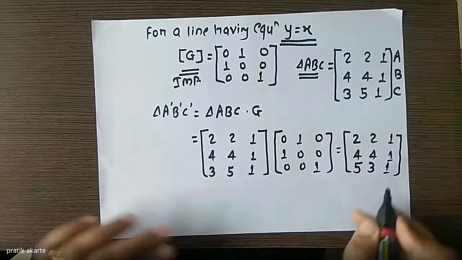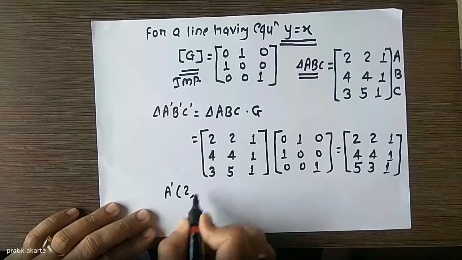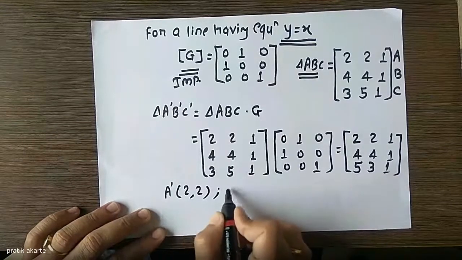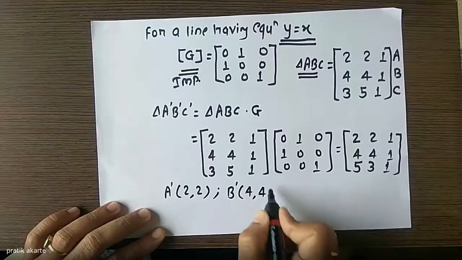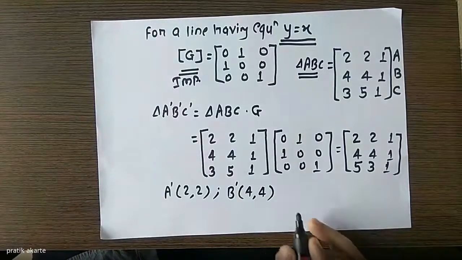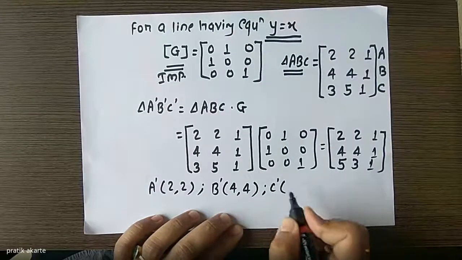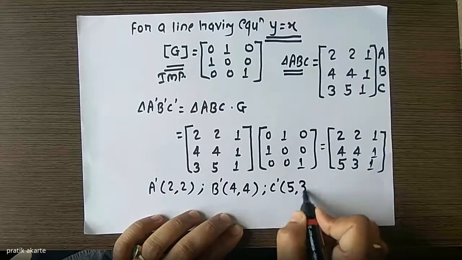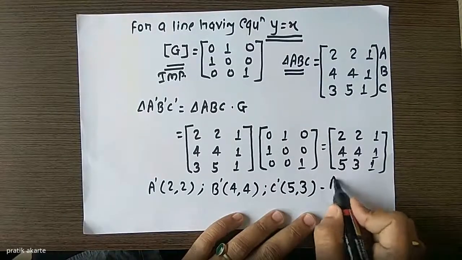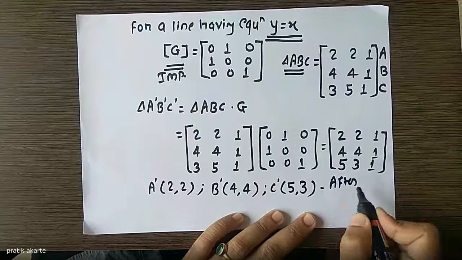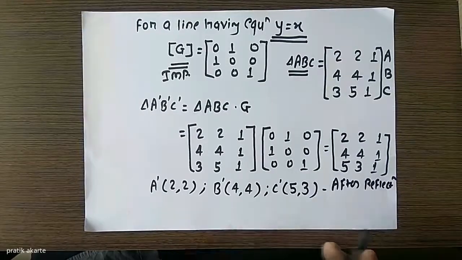So we can say that A dash is having coordinates 2, 2, B dash is having coordinates 4, 4, and C dash is having coordinates 5, 3. So these are the coordinates we get after reflection or mirror operation. This is your first step.